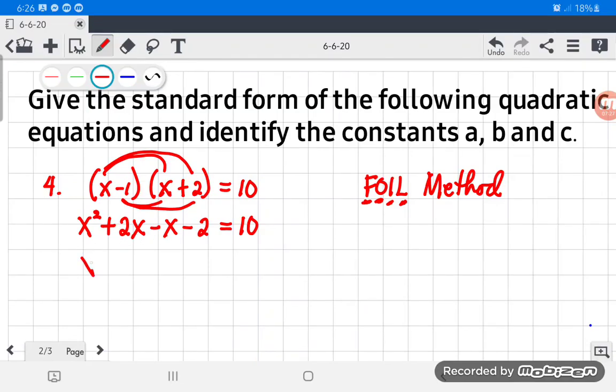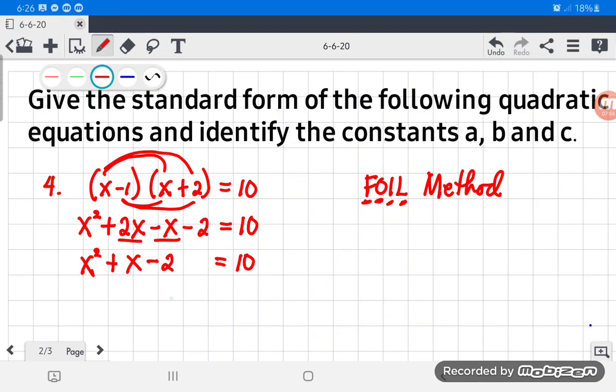We have x squared, 2x minus x, that is positive 1x. They are similar terms because they have the same variable with exponent 1. Then you copy negative 2 equals 10.